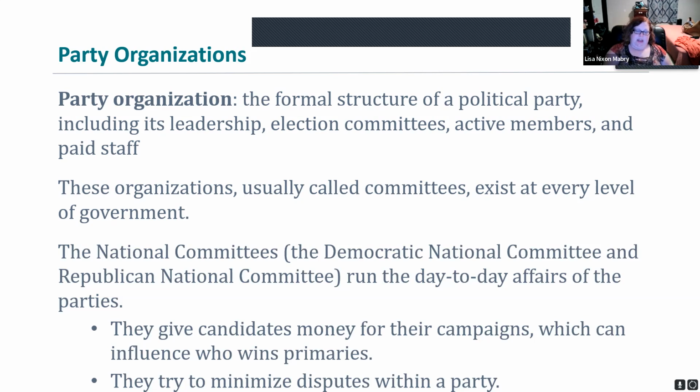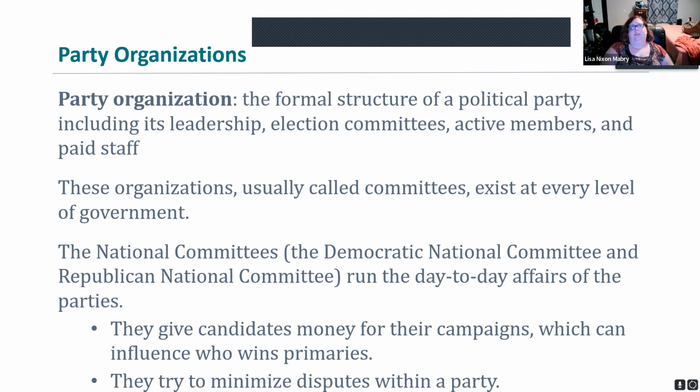They also try to limit disputes within the party and keep a unified front, and cut things off at the pass before stuff gets ugly in the public.